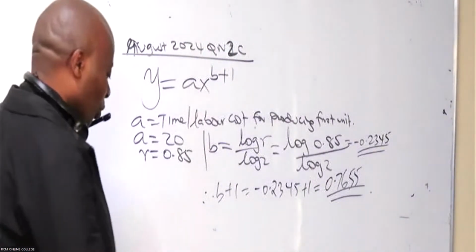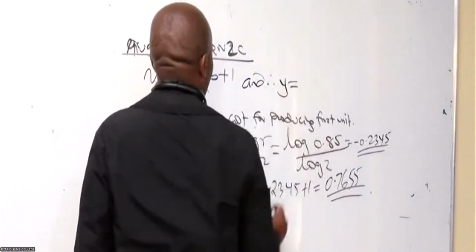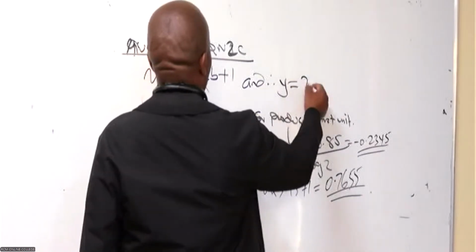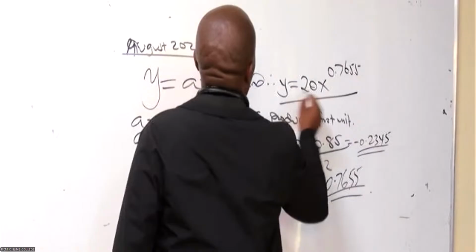And therefore, y equals a x raised to 0.7655.